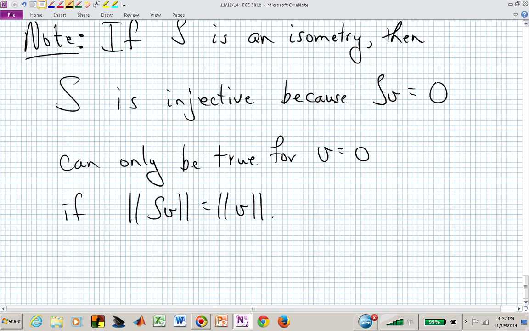Meaning if we have norm of SV equal to norm of V, the only way that the left-hand side can be 0 is if the right-hand side is 0, or the vector V is the 0 vector. If the left-hand side were 0 with V nonzero, then V would be in the null space of S, and it would have a norm that wasn't equal to 0.